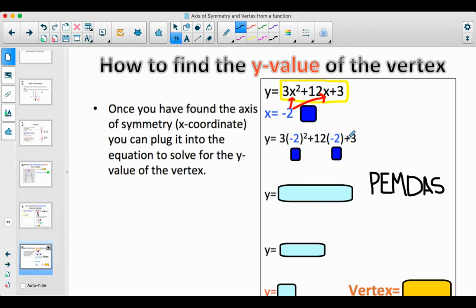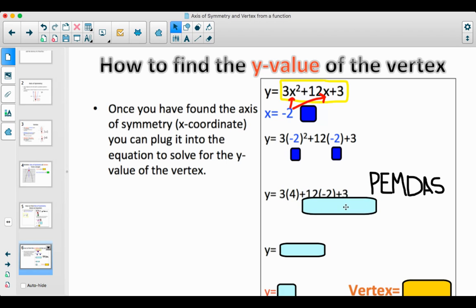We don't have any operations inside the parentheses, so we're not going to do that. E is exponent. We do have an exponent. We have negative 2 squared, so we need to do that first. So I'm just going to bring down the 3. Negative 2 squared is 4. And then I'm just going to bring everything else down. Plus 12 times negative 2 plus 3.